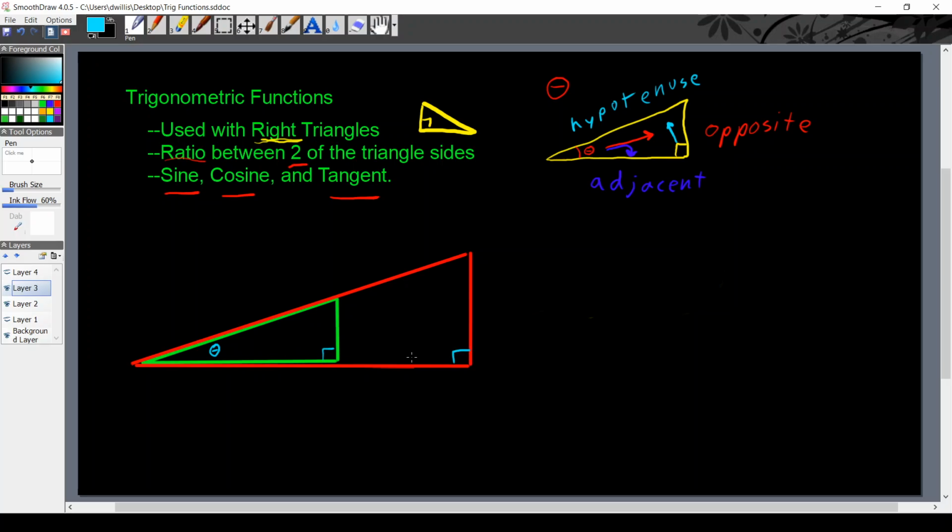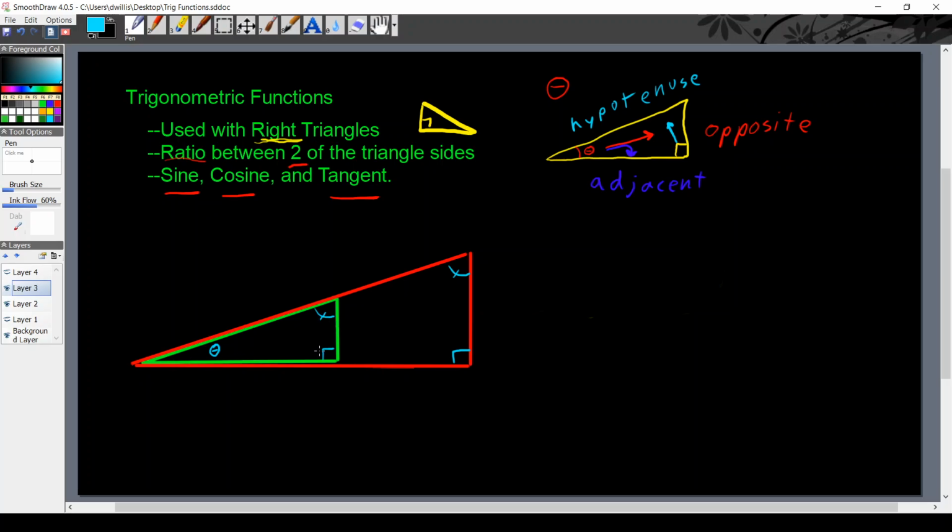Since this angle in both my green and my red triangles is the same, and since this angle is the same, we understand that the third angle is also the same. Those angles are congruent to one another, which just means that they have the same measurement value.